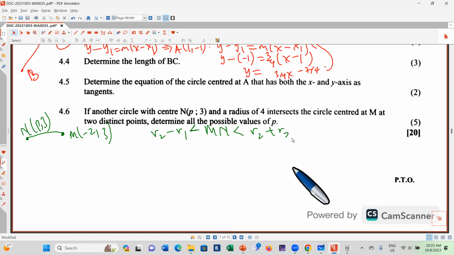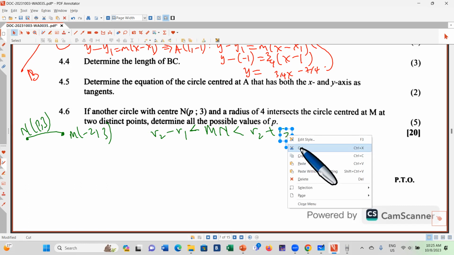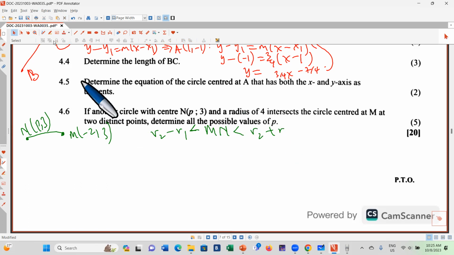Okay, so this here is the thing we use. Right. What is R2 minus R1?